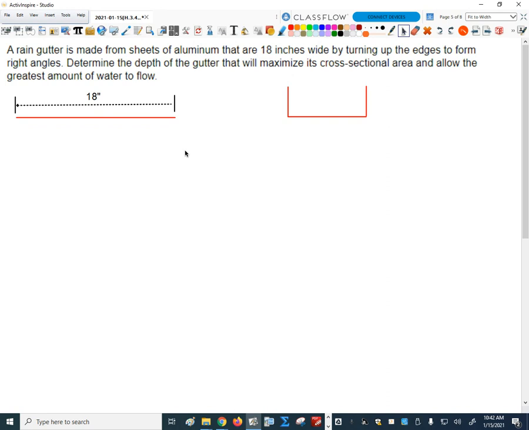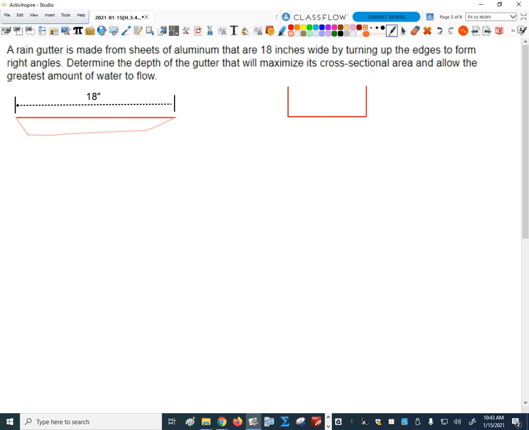A rain gutter is made from sheets of aluminum that are 18 inches wide by turning up the edges to form a trough, right? Everybody get what I'm saying? You've got these flat pieces. If I look at these pieces of aluminum on edge, they kind of look like this, right? Here's the leading edge, and it kind of looks like that. So here's the front and there's the back edge, and they're real sharp.